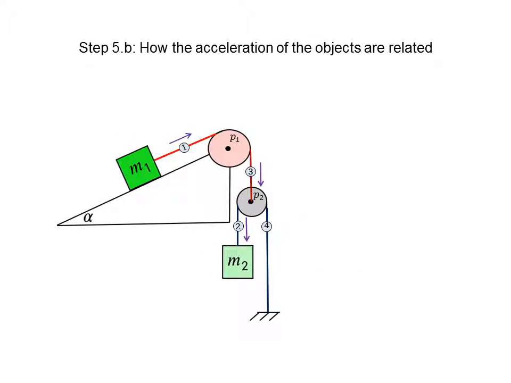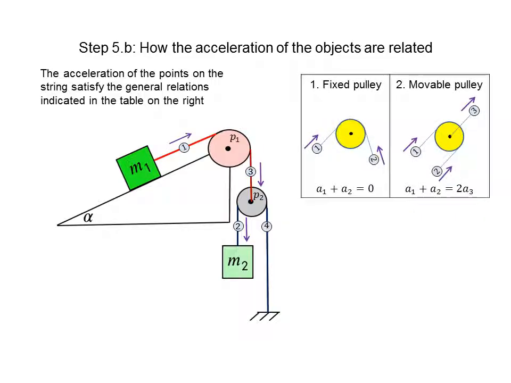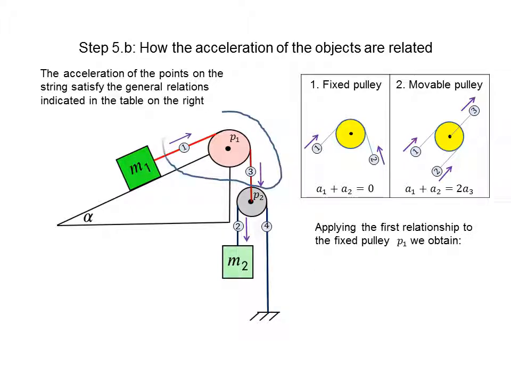Step 5.b, how the accelerations of the objects are related. The accelerations of the points on the string satisfy the general relations indicated in the table on the right. Applying the first relationship to the fixed pulley, P1, we obtain.